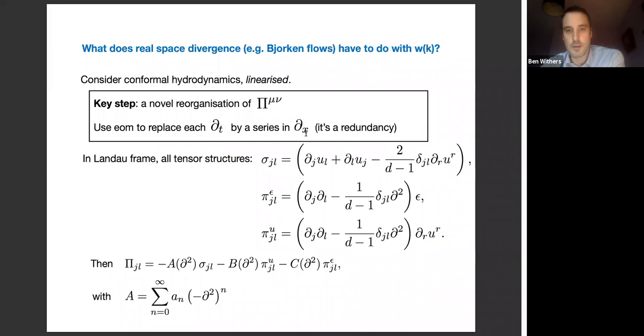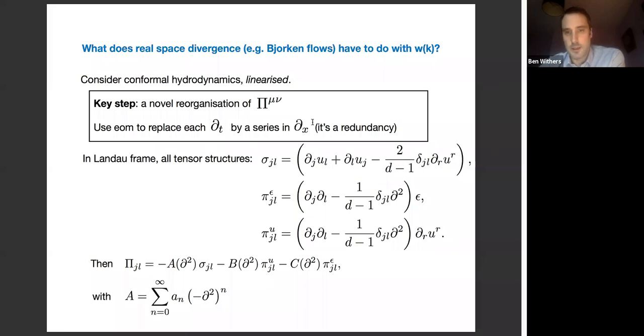You can do that because the leading order hydrodynamic equations are just the time derivative of the hydrodynamic variable equals something. So every time you see a time derivative, you can replace it by its equation of motion and a series in spatial derivatives. This is a redundancy of the description, and we can do that without loss of generality. And we do that in Landau frame, as I mentioned.